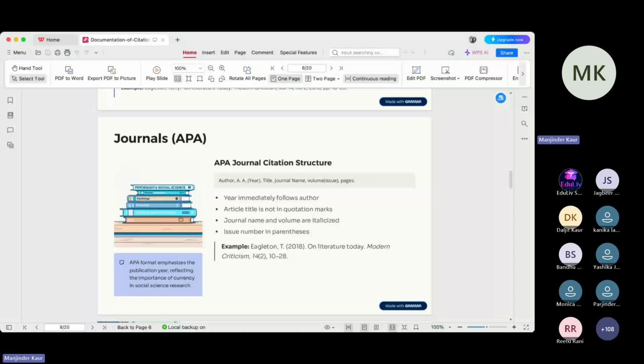Are we clear about this? Yes, ma'am. Okay, so we proceed further. APA format emphasizes the publication year, reflecting the importance of currency in social sciences research, because they believe that dates are of importance in social sciences research.